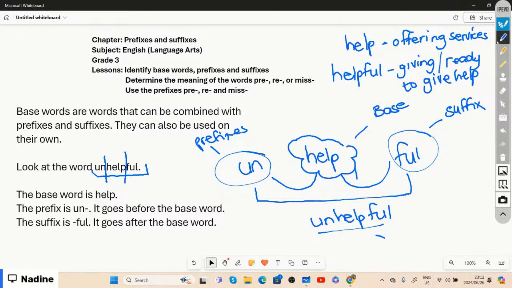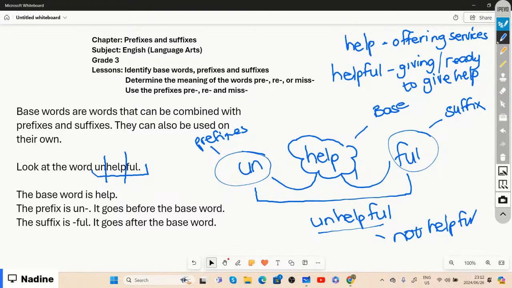It's the opposite of giving help, right? Because unhelpful means that you are not helpful, you are refusing to help. That is what it means when it says unhelpful.